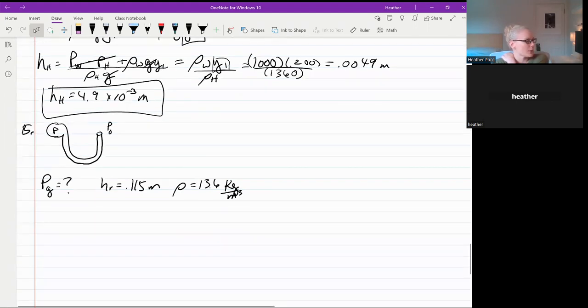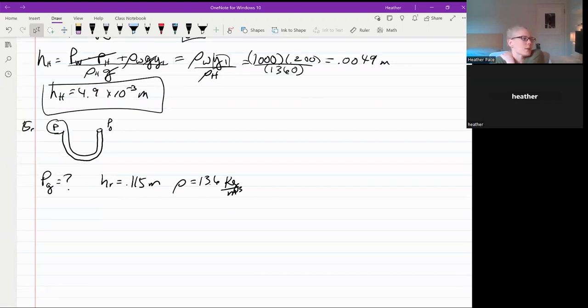We are also given P naught, which was 1.01 times 10^5 Pa. We're given it in pascals. Is that all we're given? Looks like that's all we're given.